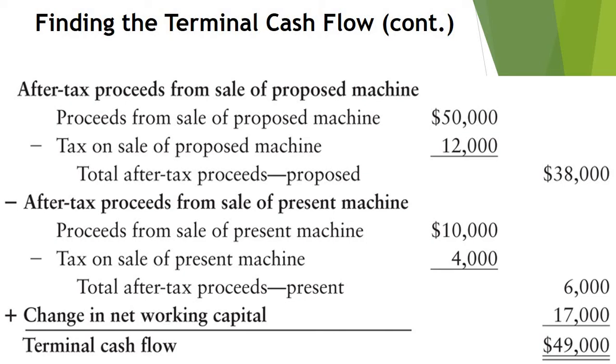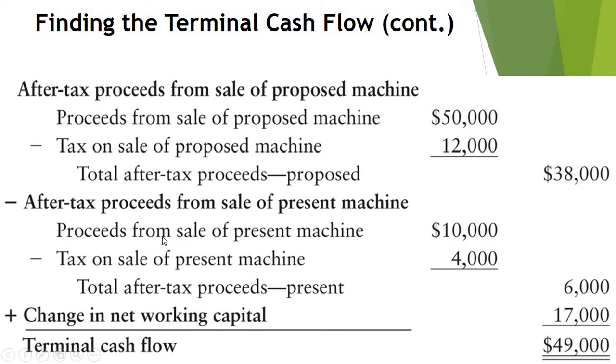Then the Powell Corporation needs to pay tax on this $30,000. Tax rate is 40%. So tax on sale of the new machine is $12,000. Then the Powell Corporation needs to deduct after-tax proceeds from the sale of the present or old machine.